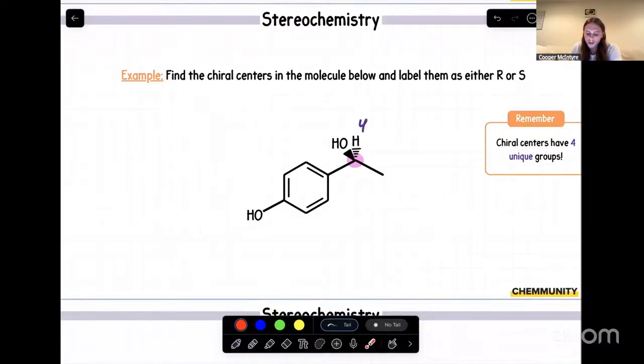And then in terms of our rules, we have to remember that when our carbon is bonded to a heteroatom, in this case oxygen, that oxygen has a higher atomic number, meaning it has a higher priority. So we'll give that number 1 priority. And then up next, we need to decide which group, I should say, has priority 2, and then which group has priority 3.